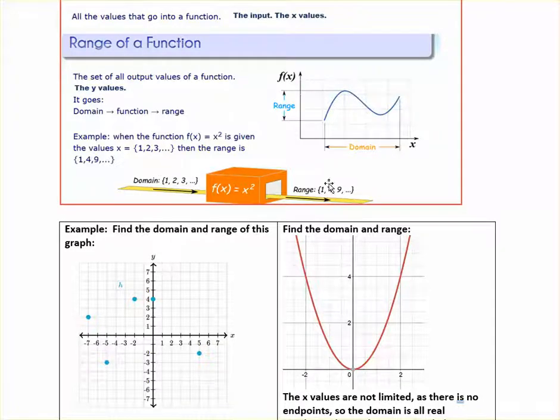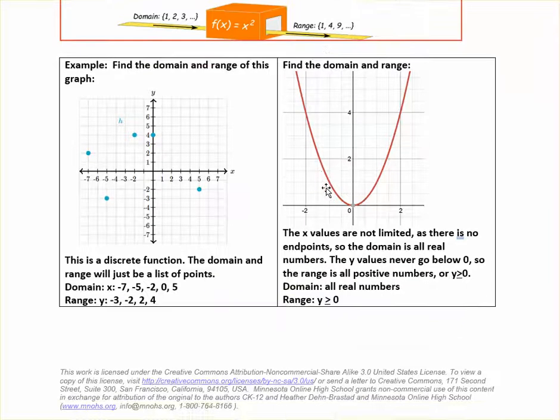Here's an example of a function, f of x equals x squared, or y equals x squared, same thing. So you take your numbers of your domain and plug them in, and what comes out is the range. So you substitute these in, get your answer, that's the range.